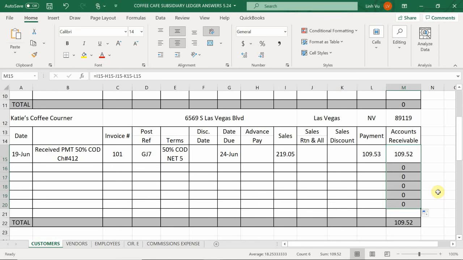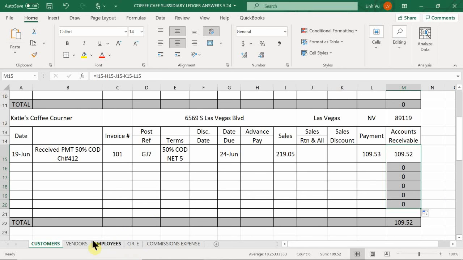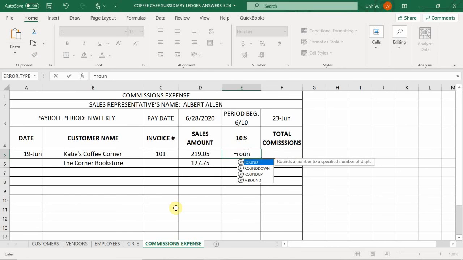Do we need to record the sale in the commissions form? Correct. So we're going to go to Albert because he's earned his sales, right? Because he finally delivered to Katie's Coffee Corner, which was scheduled to be on the 19th. It was invoice number 101, and he's earned his 10% cut. So in this case, I'm going to do equal round so it's a nice even number.